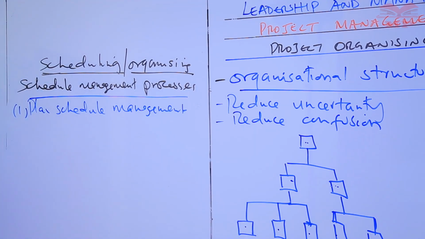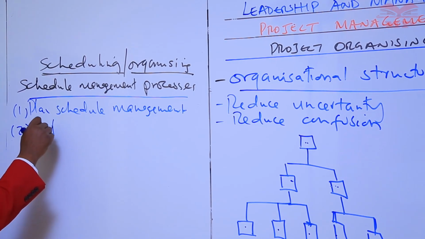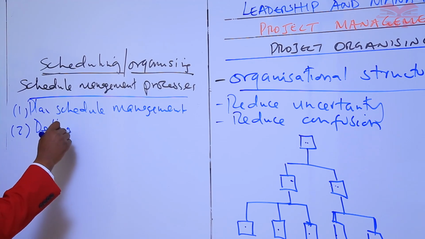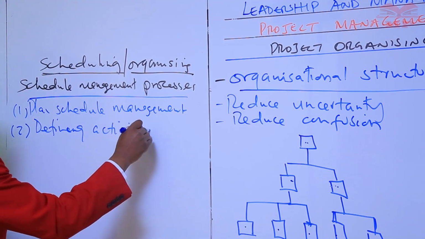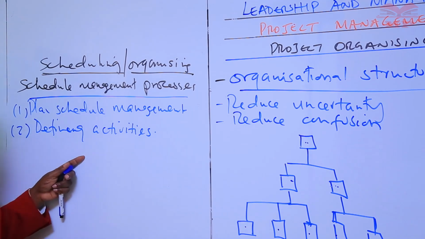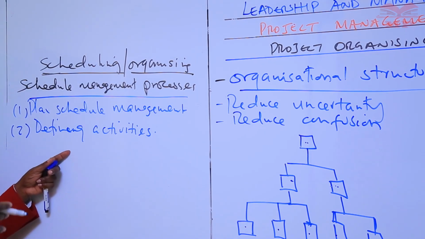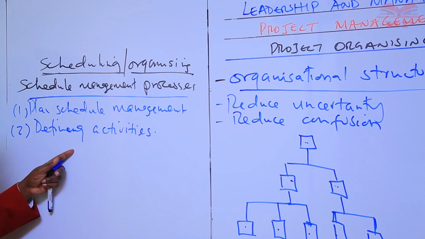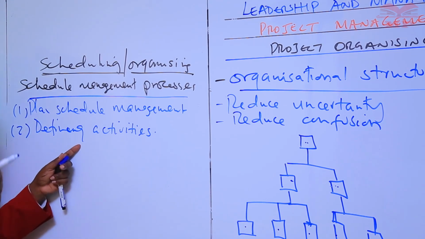Then the second process is defining activities. This is the process of identifying and documenting the specific actions to be performed in order to produce the product deliverables.